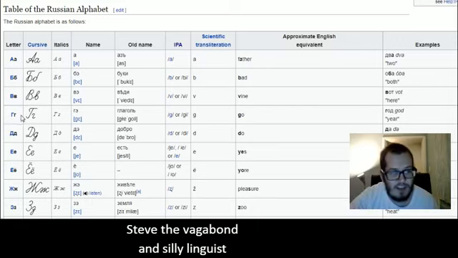Okay, the next one we've got here is a g sound. When I first looked at this, I looked at each one and thought, how can I make some kind of connection with it? This looks a bit like a gun. So like pew pew.